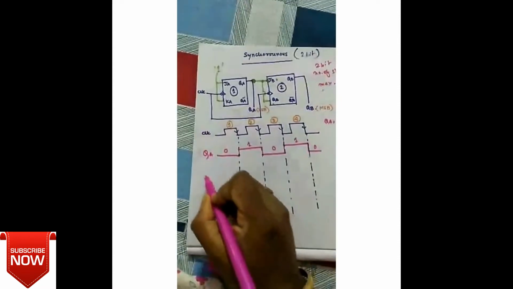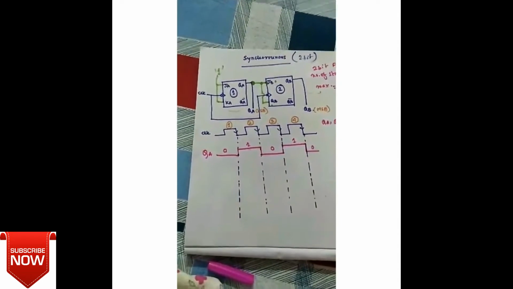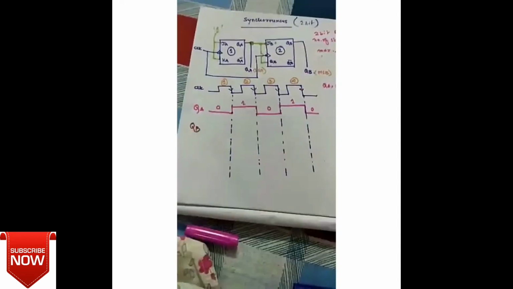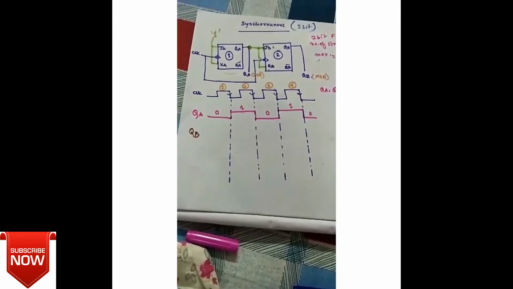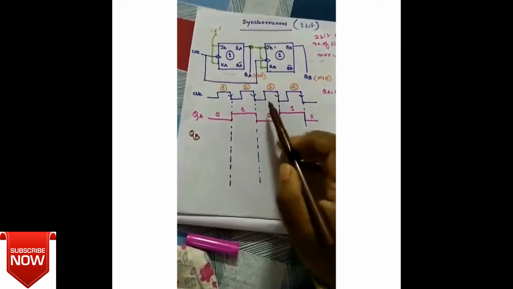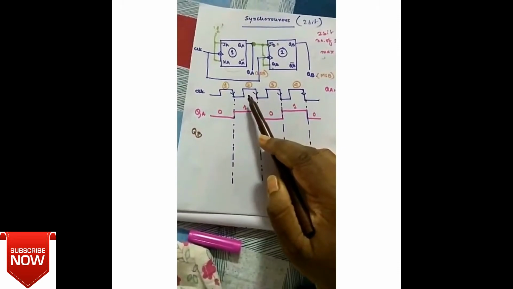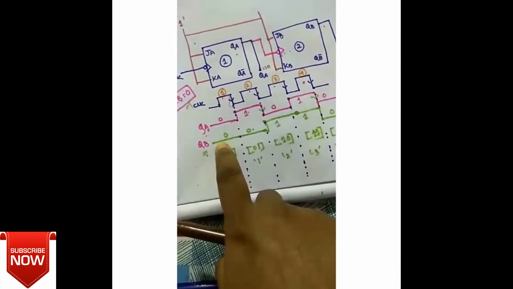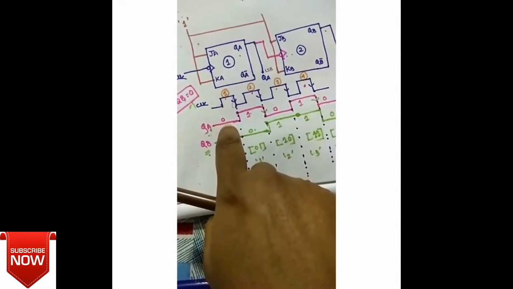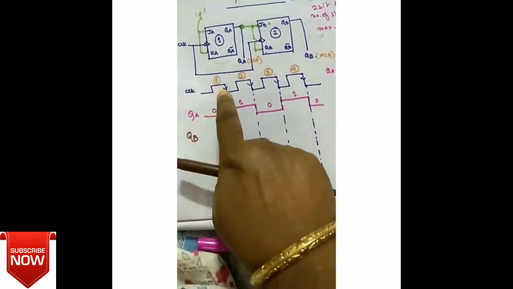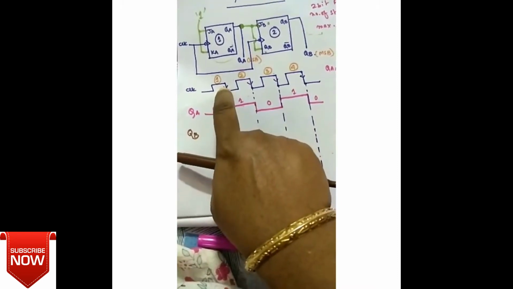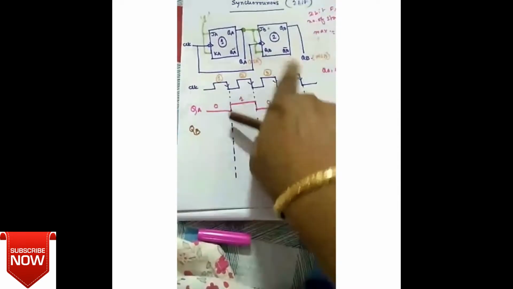Now we are coming to QB. On the previous one, for the asynchronous counter, see the diagram, QB is taking this QA as the input clock. But for this case, QB will take this clock as its input clock, right? Because the clock is acting simultaneously.